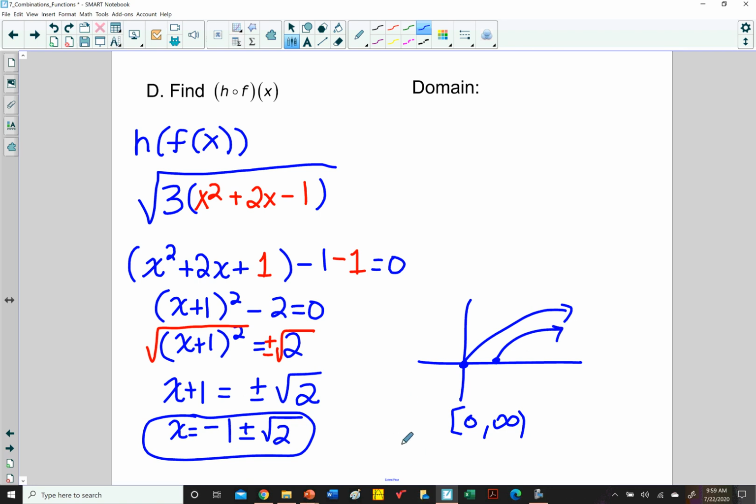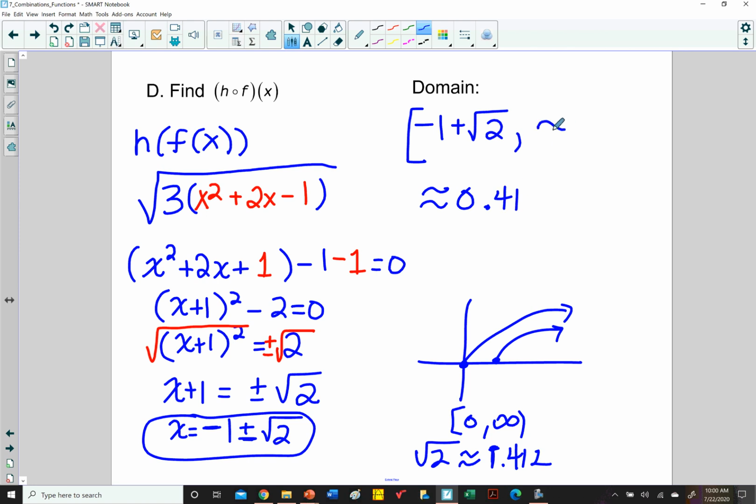We know the square root of 2 is about 1.412. So if we had -1 minus, it can't be that one. So it's got to be the other root, -1 plus the square root of 2. So that would give us about 0.41.